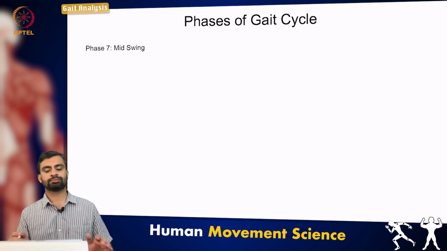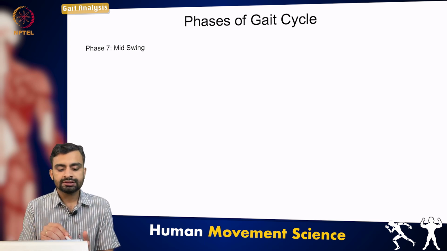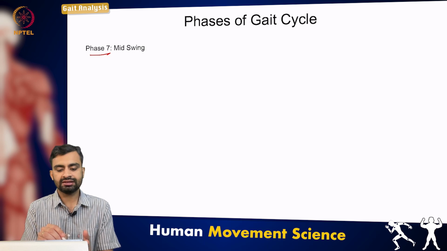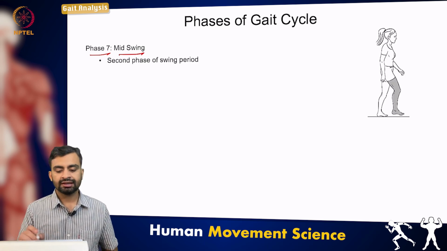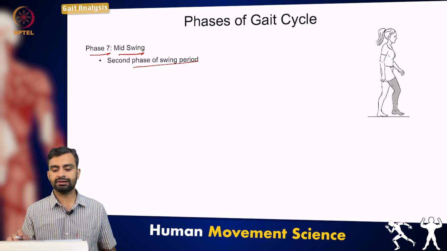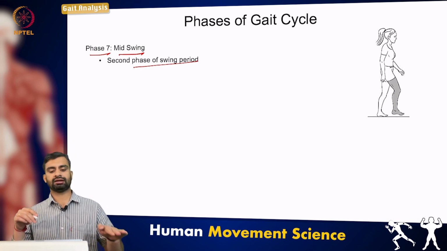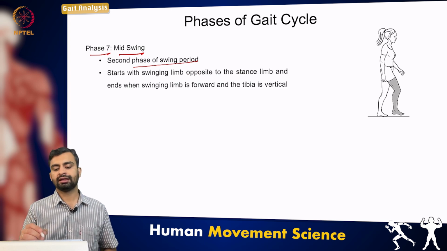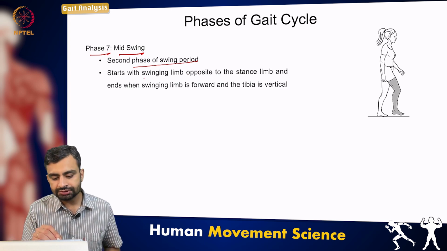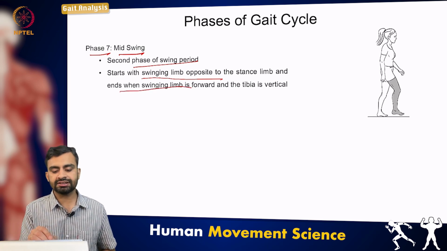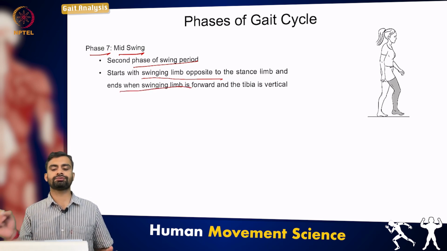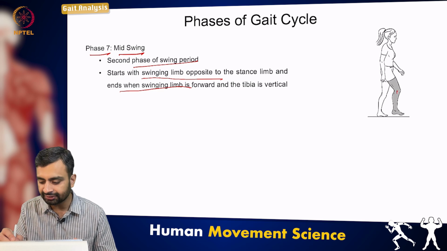This is then followed by phase 7, which is known as mid swing. So over here what happens? It is the second phase of the swing period. As we know, it started with the initial swing, now the mid swing. It starts with the swinging limb opposite to the stance limb and ends when the swinging limb is forward and the tibia is vertical.